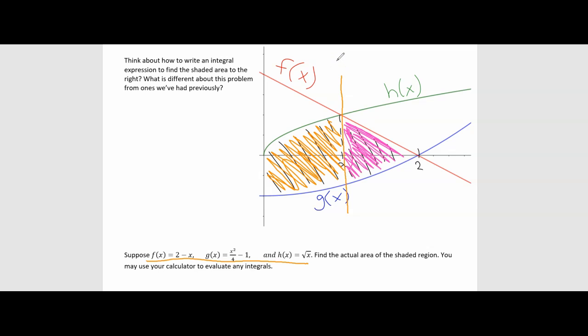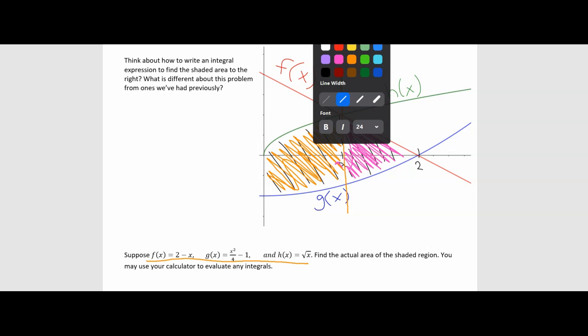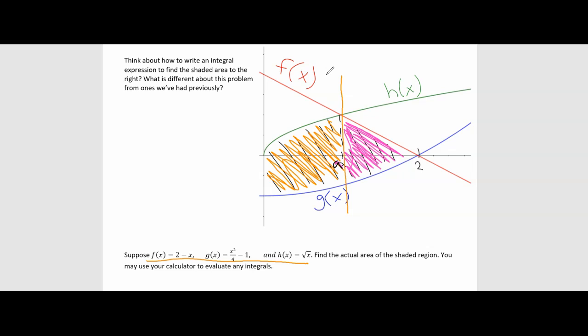And that's because at this value of a, the top and the bottom function change. Right? For the first interval from 0 to a, top function is green, bottom function is blue. Over the interval a to 2, well, the top function is the red and the bottom function is the blue.